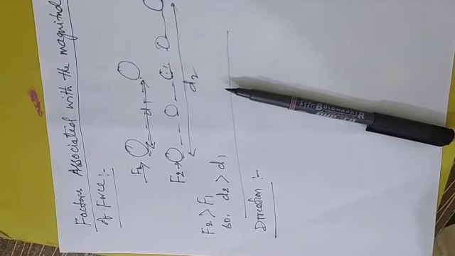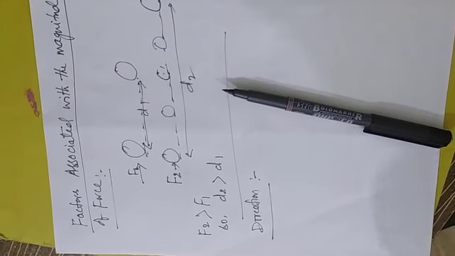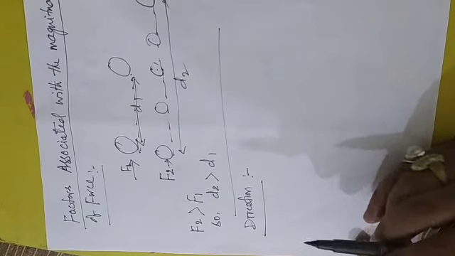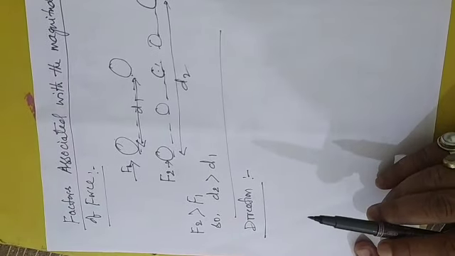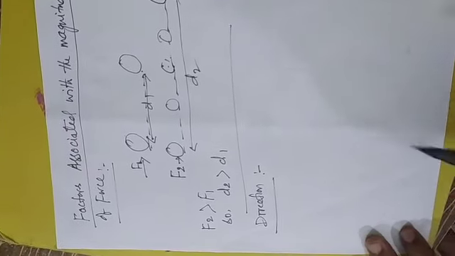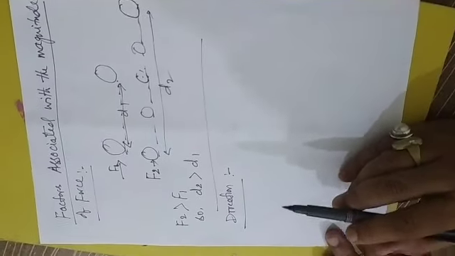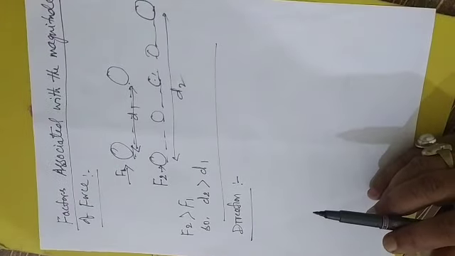I am repeating again. When you have to discuss the force, then you must give the magnitude of force and the direction of force. It means how strong a force is applied on you, or the force applied on you is in which direction.